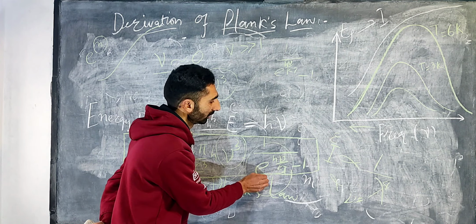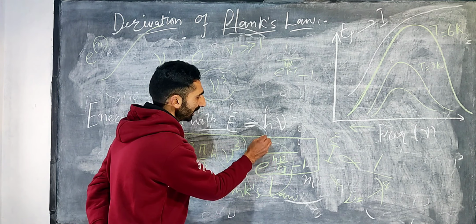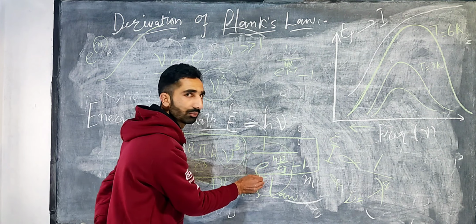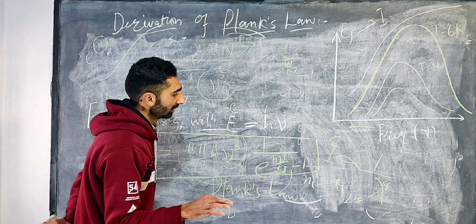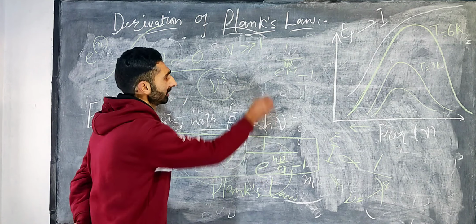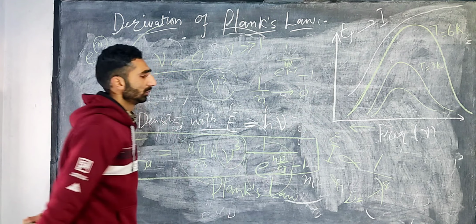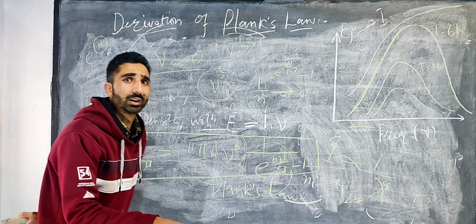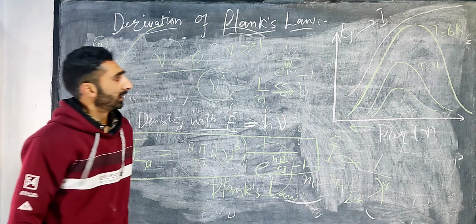So for higher frequencies, we will get a larger value of this exponential form, and some larger value minus 1 doesn't matter, we'll get 1 divided by the larger value. And 1 divided by some huge number will tend to be equal to 0, will be very much smaller than 1.